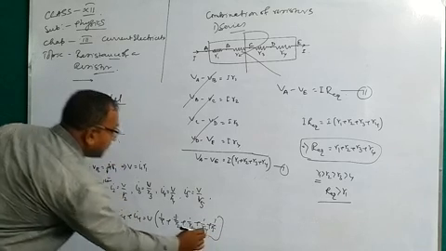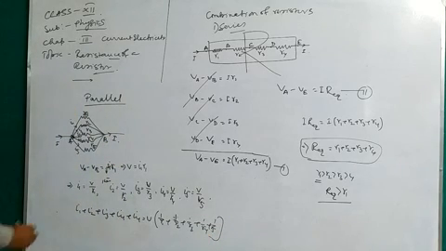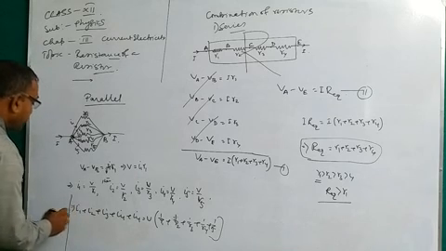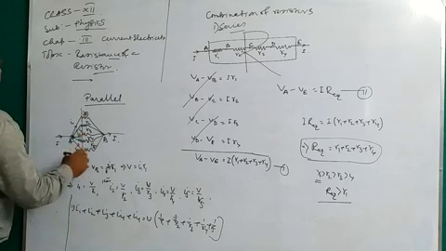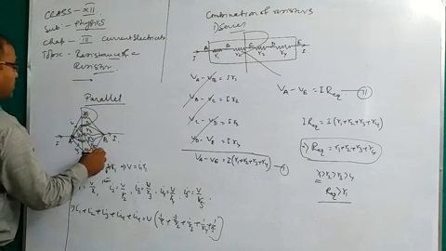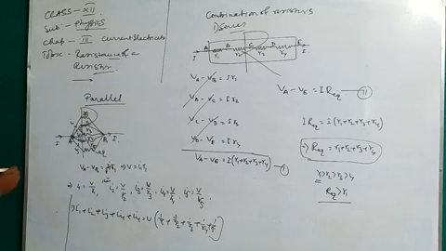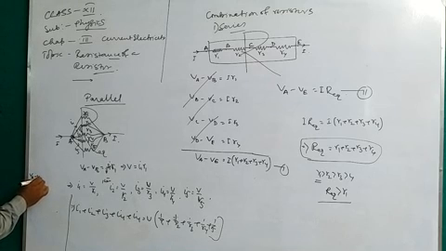Okay. Now, suppose you consider the equivalent resistance R. So VA minus VB equals I into R equivalent. So what will be its value?